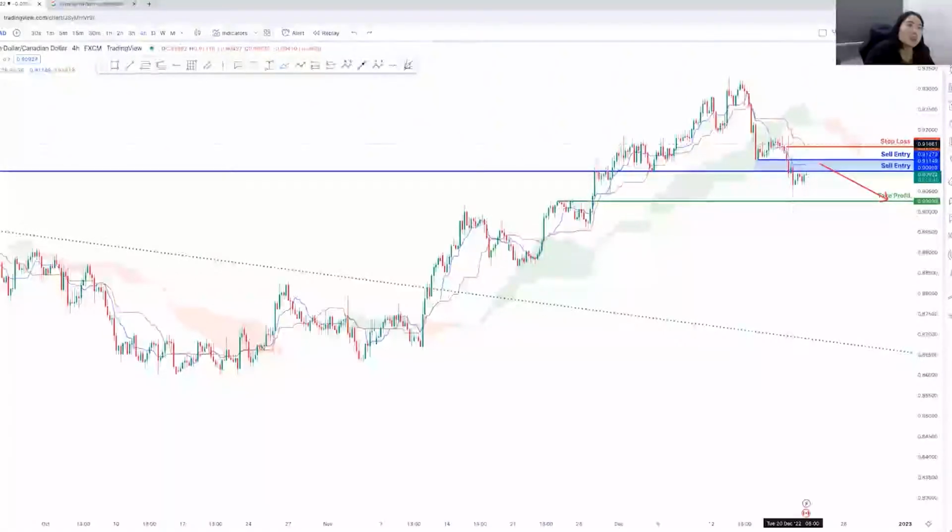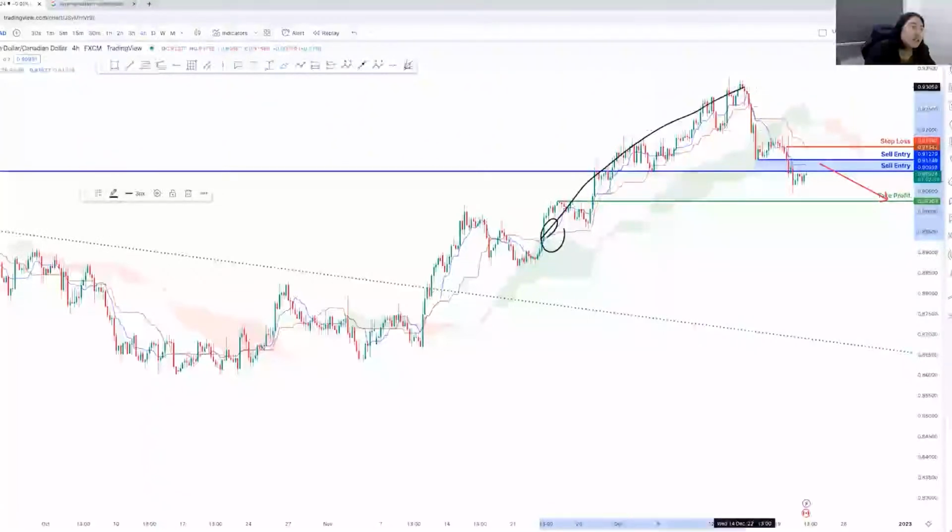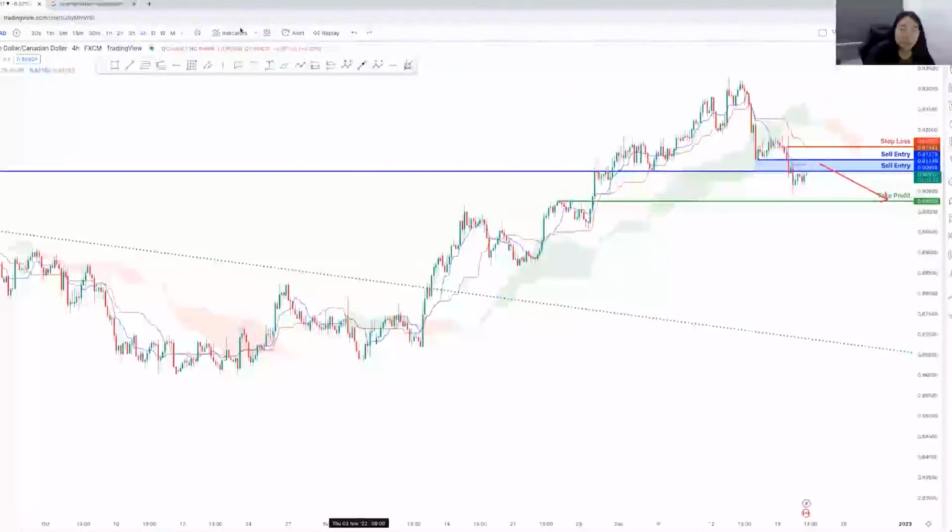It is just a double confirmation when you are using the Ichimoku cloud. You can see that the blue line crossed the red line again. Here, a trader will enter for the buy. They take profit here when the blue line crosses the red line. Okay, so that's one indicator that I use for trend.